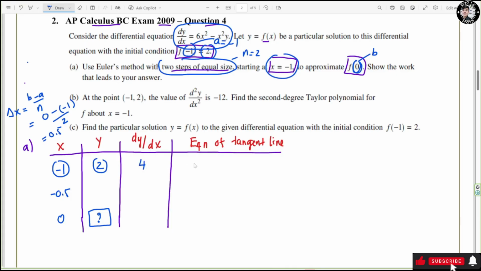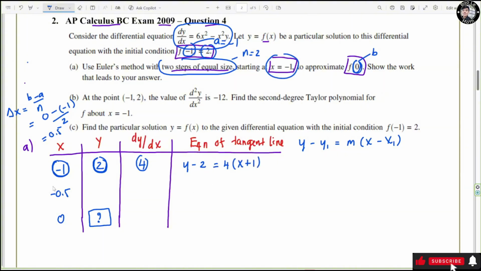And then the equation of the tangent line is going to be y minus y1 equals m times x minus x1. x1 is right here, y1 is right here, the slope is right here. You just substitute over here, so you're going to have y minus 2 equals 4 times x plus 1.